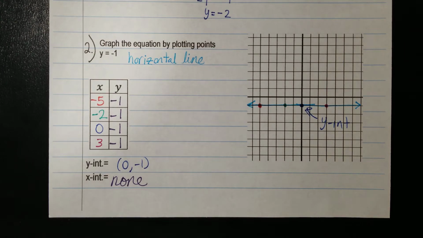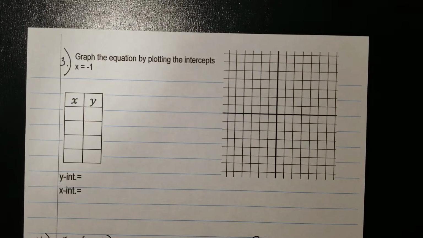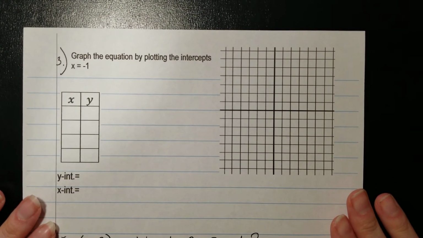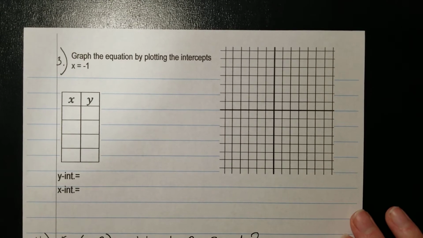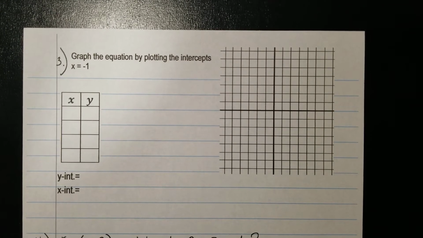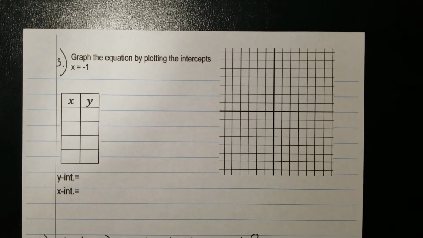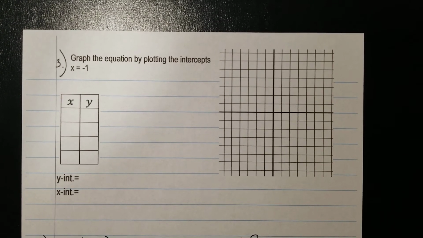Number 3. All right, so number 3, it says graph the equation by plotting the intercepts. Okay, so you have to pay close attention to those instructions. So for example, when you're doing your online homework or possibly online quiz or test, you have to pay attention to those instructions.